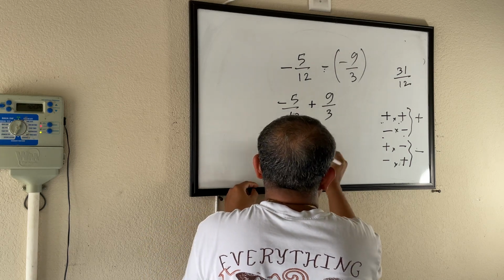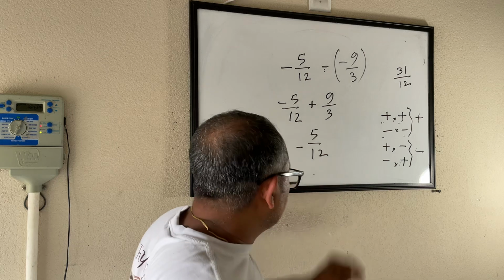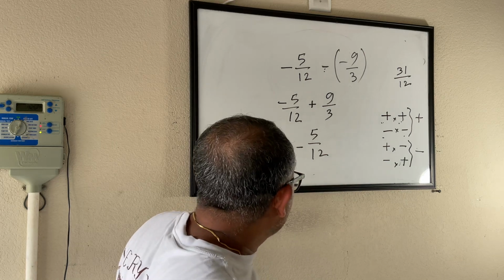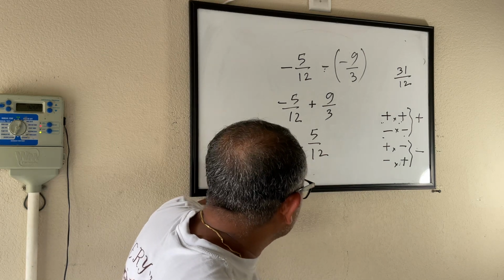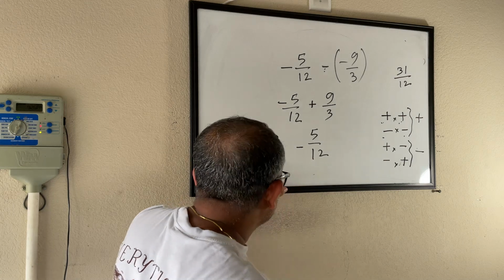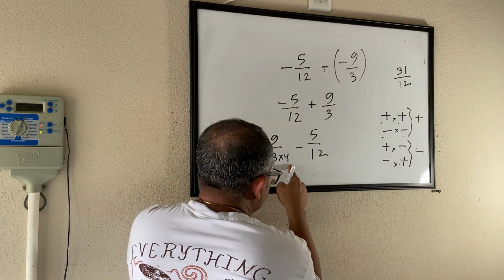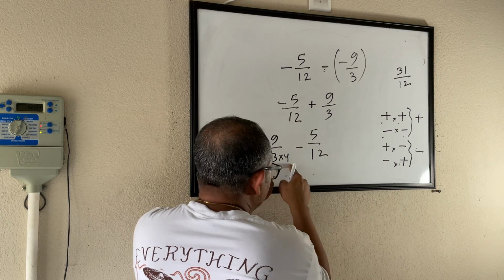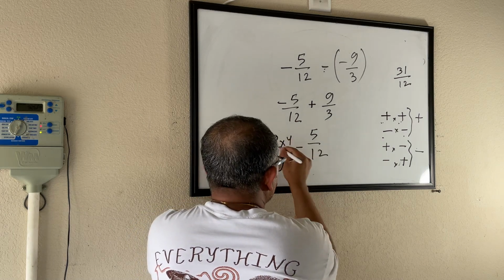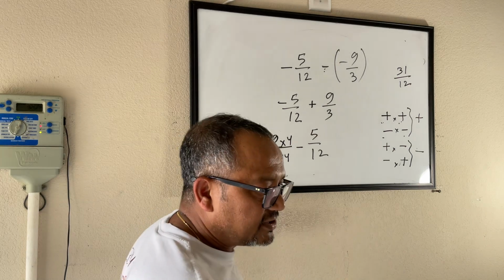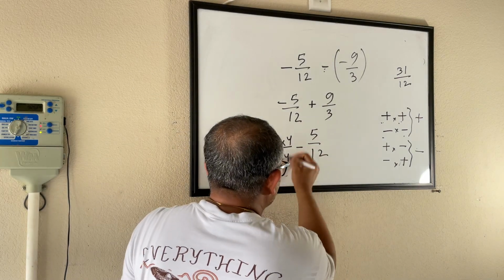Minus 5 by 12. I have two ways of doing it. I can either make the denominator same for both of them. Meaning, if I multiply this by 4, I will have 12 in the denominator. But I cannot do it just like that. If I am multiplying here, I have to multiply here also, so that I am not changing the value. Like you do tic-tac-toe.